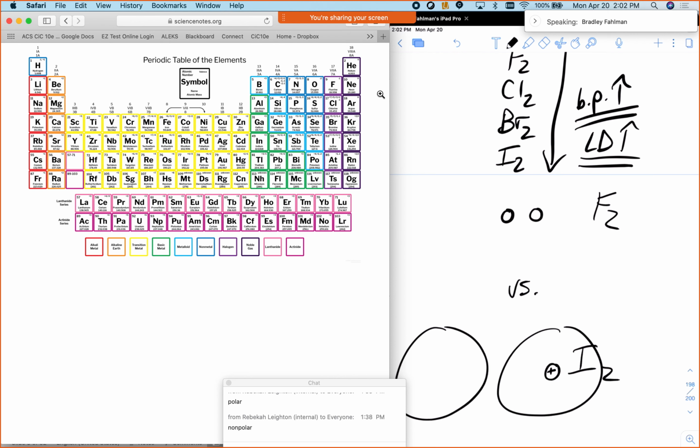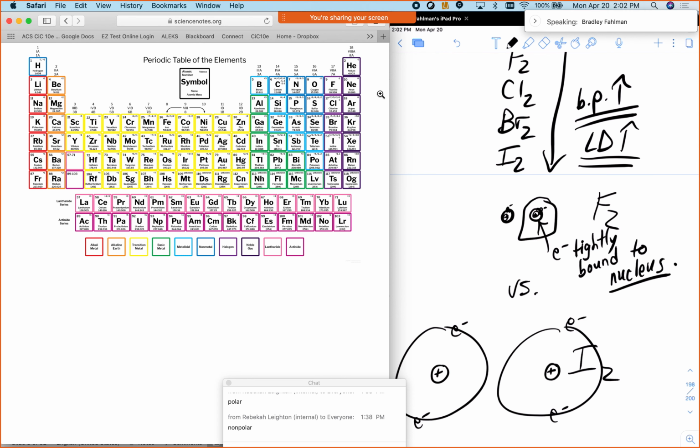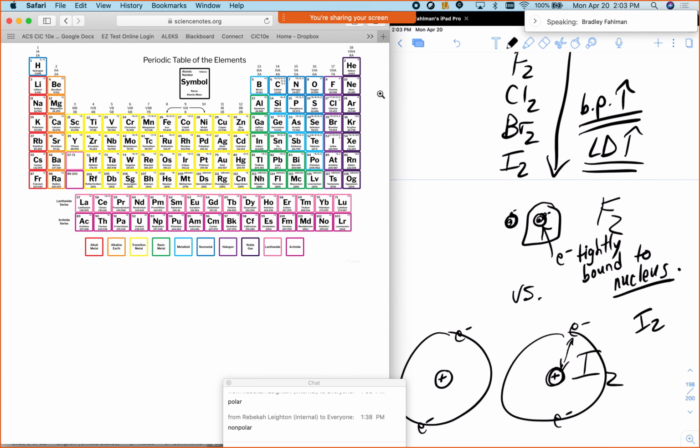If we have our nucleus here, and then valence electrons out here, and then nucleus and electrons. Does everybody see in this case for fluorines that the electrons are very tightly bound to the nucleus? Just because they're really close, whereas here there's quite a difference between electrons and the nucleus. So that means that the next iodine molecule can approach and move these electrons a little easier.